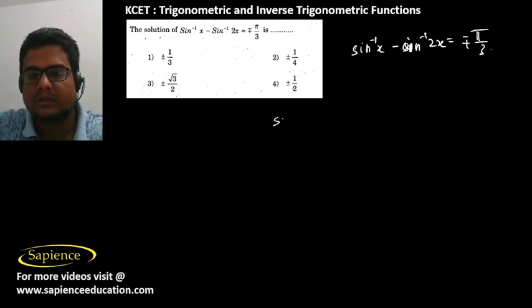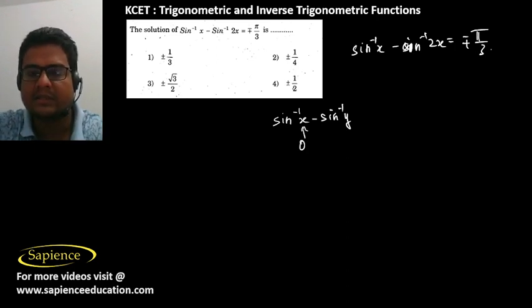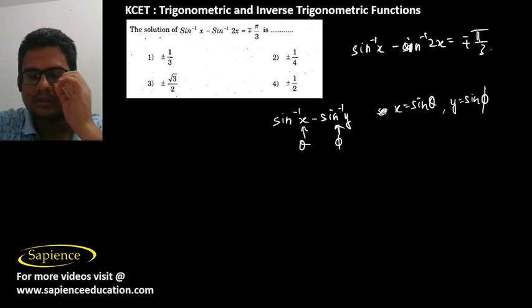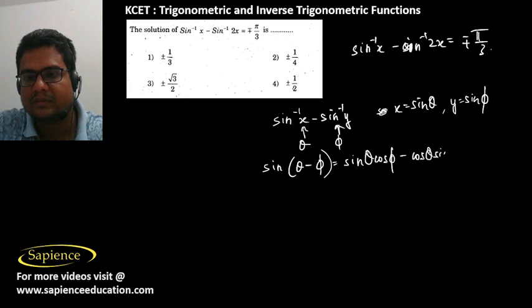So we know that if we have sine inverse x minus sine inverse y, suppose I take this as theta and this as phi, then x is equal to sine theta and y is equal to sine phi. Then sine of (theta minus phi) will be equal to sine theta cos phi minus cos theta sine phi.